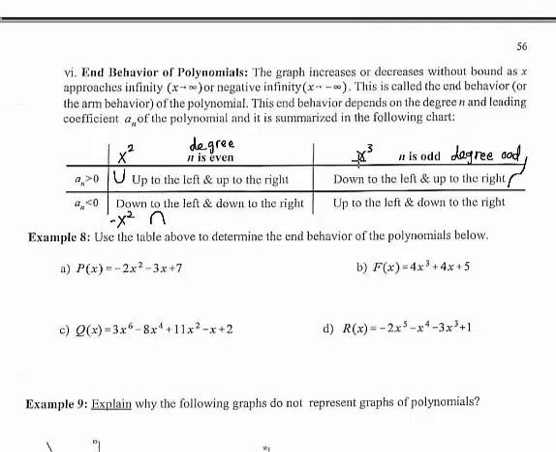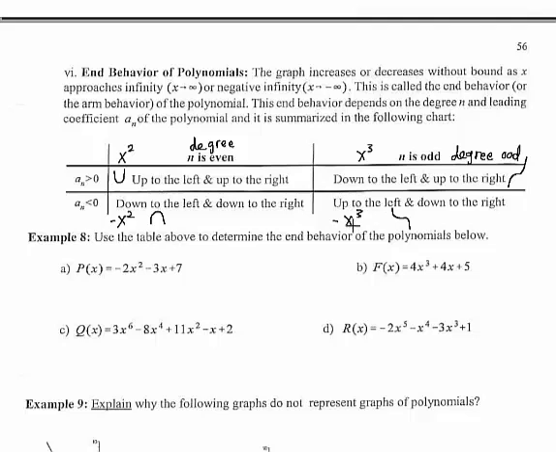Then if we use the same example, x cubed, except now we make the coefficient negative, and so simplest case, in my opinion, is minus x cubed. We would now have a curve that went up to the left and down to the right, something like that.